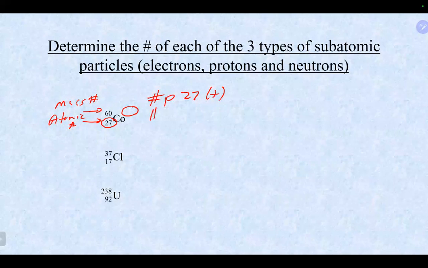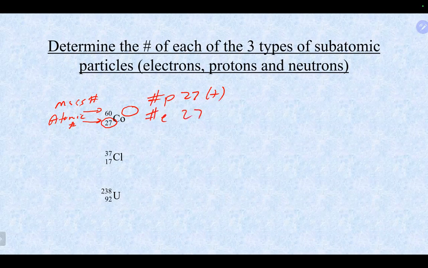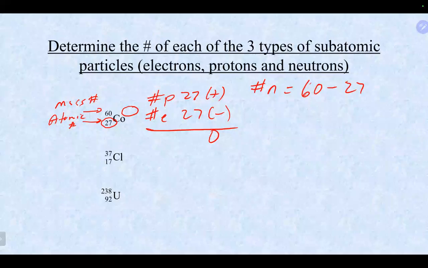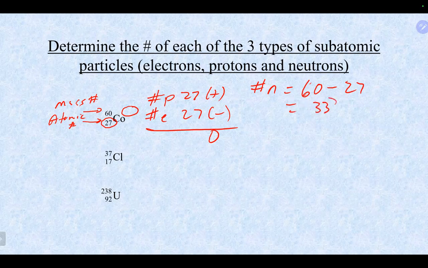So the number of electrons here would be 27, 27 positives, 27 negatives, gives us an overall charge of 0. Our number of neutrons in this case would be our mass number, which is the top number, 60, minus the atomic number, which is the bottom number here, which is 27. Looks like a 33 there. Any questions on that there?